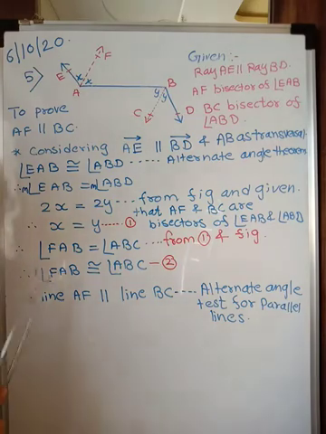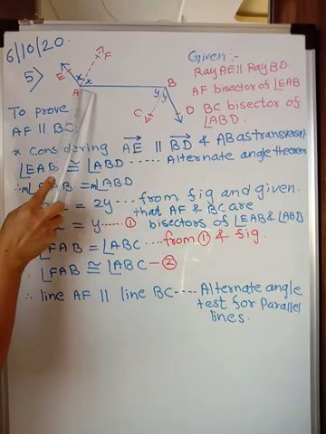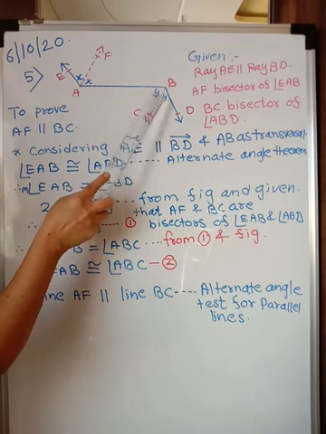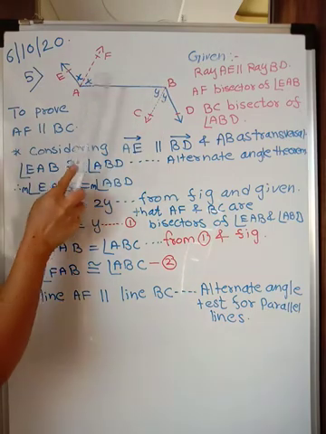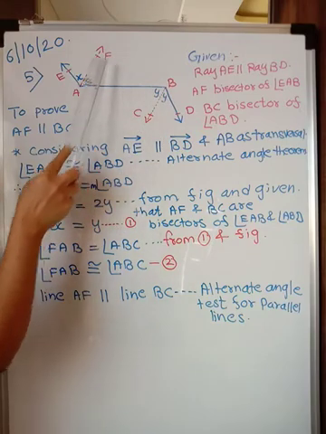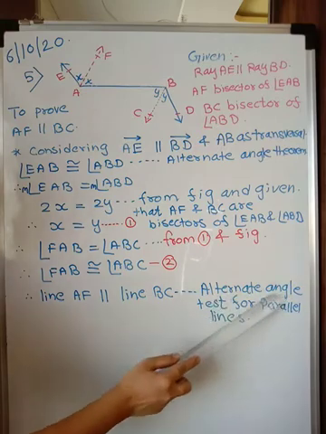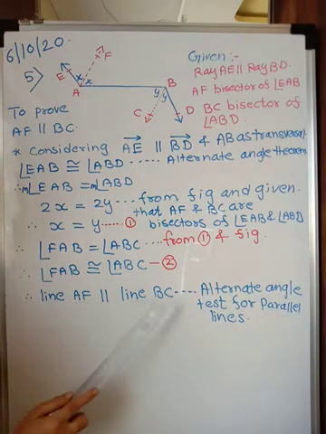So here we can write, considering lines AF and BC, and AB is transversal, you have this x equal to this x. These two are alternate angles. If alternate angles are congruent, then lines automatically become parallel. So we have used the alternate angle test for parallel lines, and therefore AF is parallel to BC.